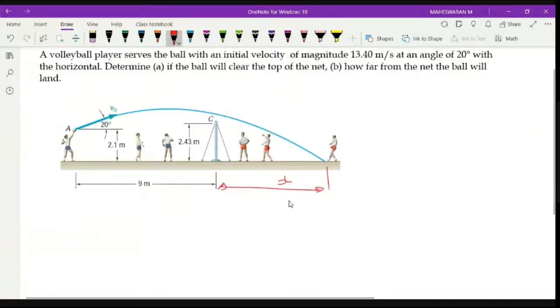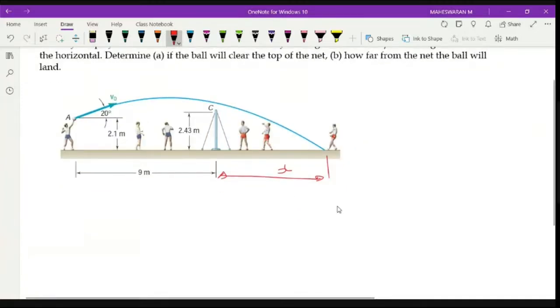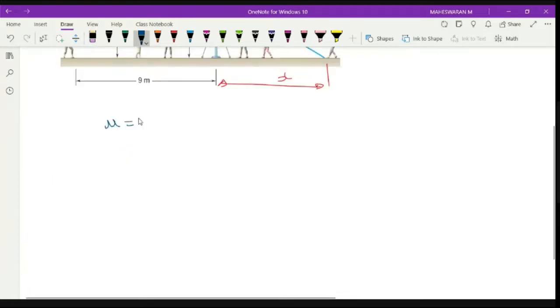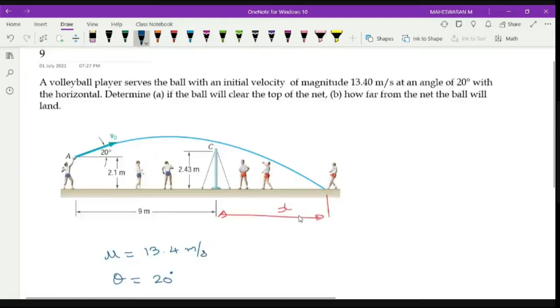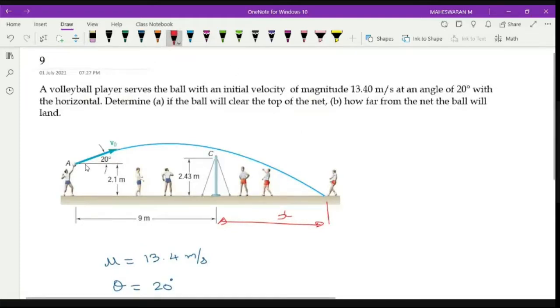X. Okay. So we have our initial velocity u, which is given as 13.4 meter per second, and the angle theta is also given, which is 20°, right? So when I construct here, I am going to resolve it into two: one is ux, the other is uy.